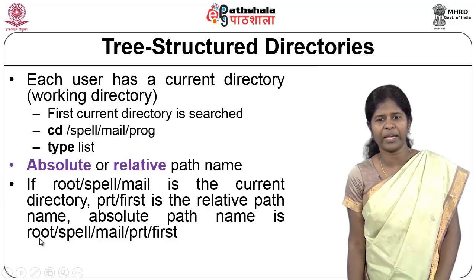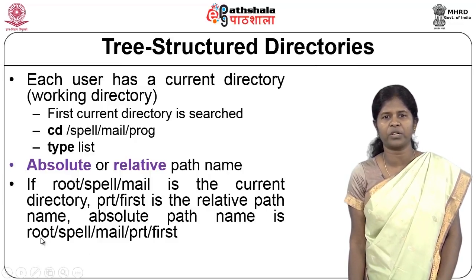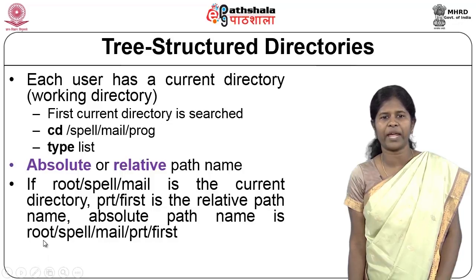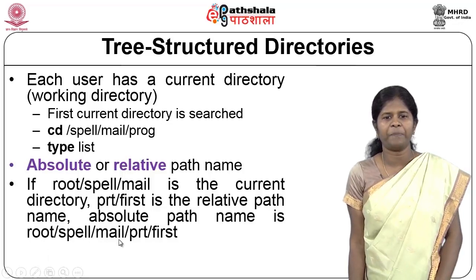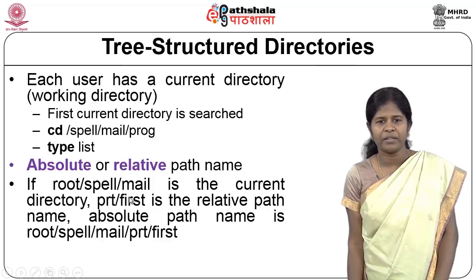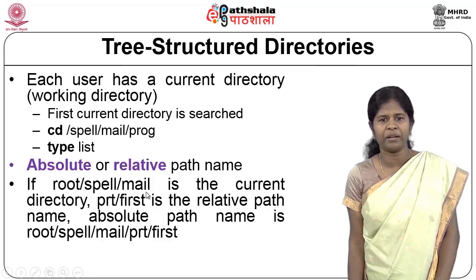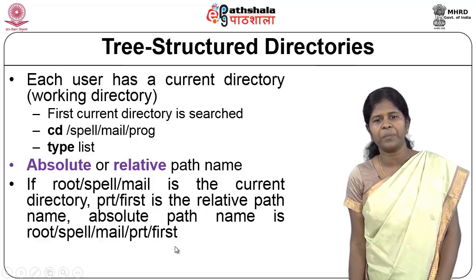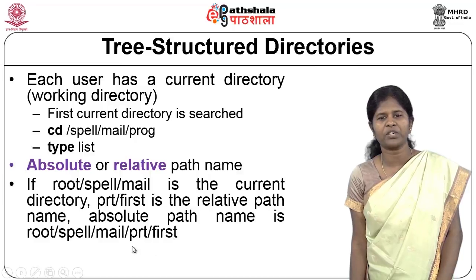If you are looking at a path name starting from the root, then the absolute path name will look like root/spell/mail/prt/first. But since you are currently in directory mail, mail is the current directory, the relative path name will be just prt/first because this is relative to the current directory mail.